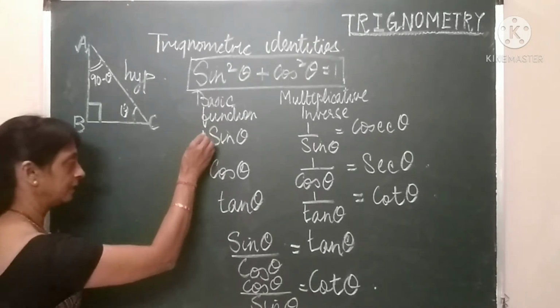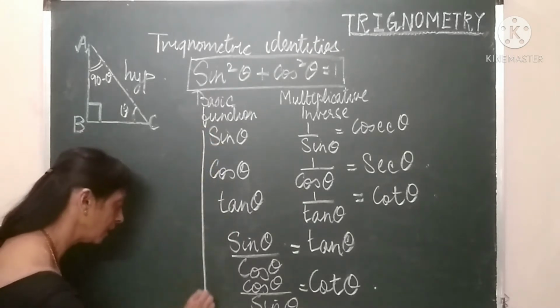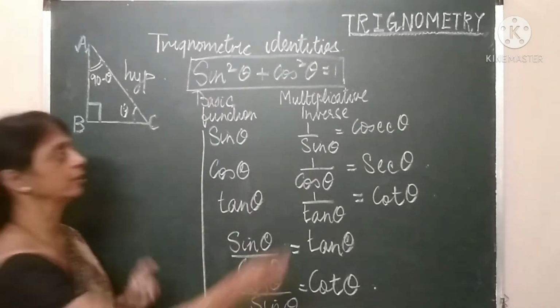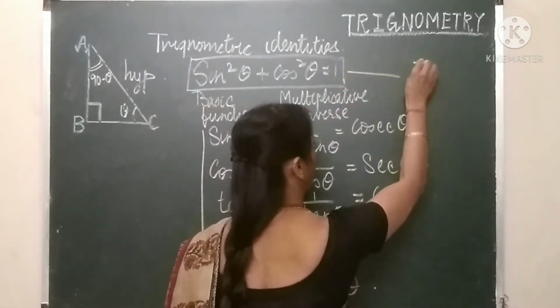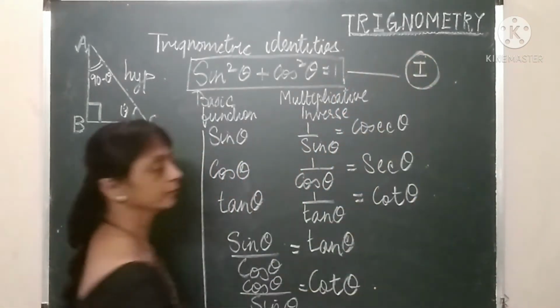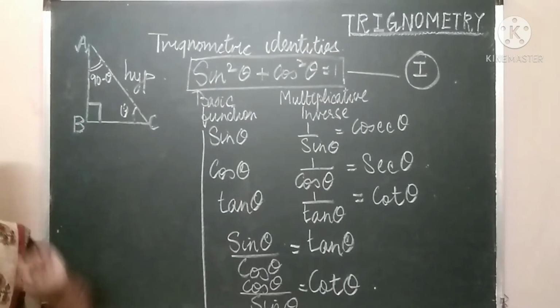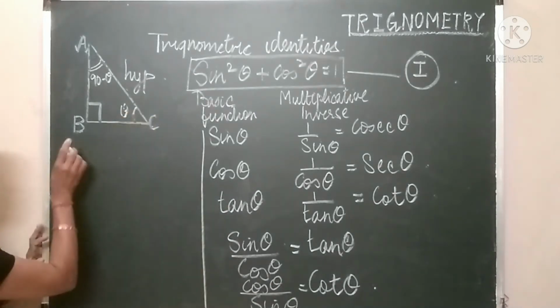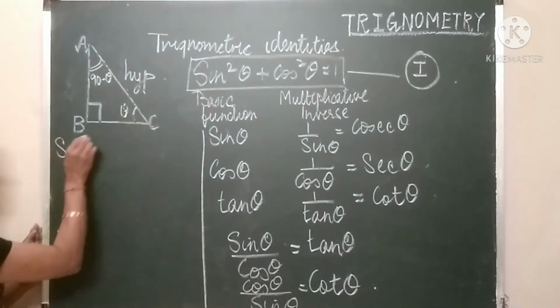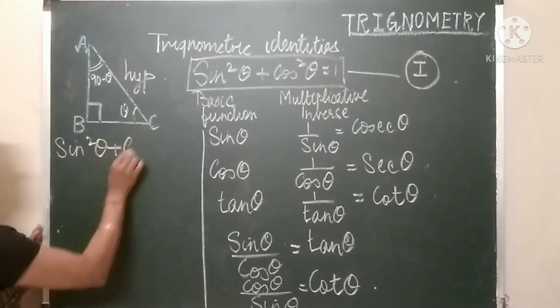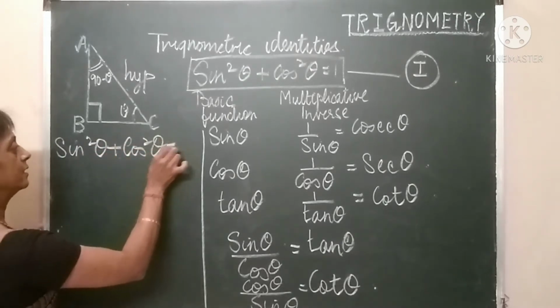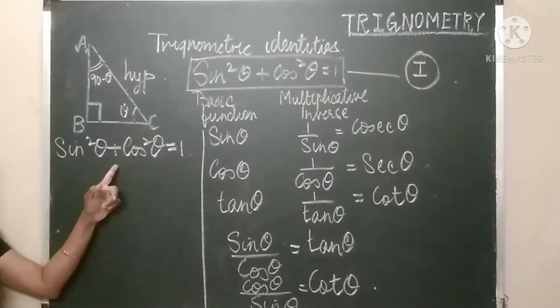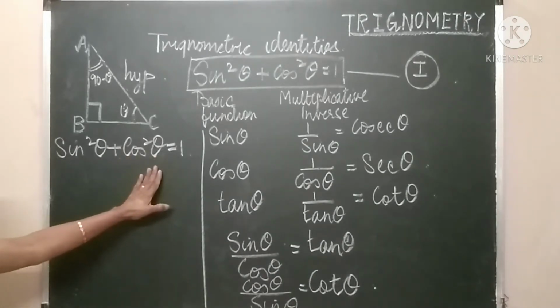Now, to get the second trigonometrical identity, what do we do? We use the first one. Let's jot it down: sine square theta plus cos square theta is equal to 1. This is the first trigonometrical identity.